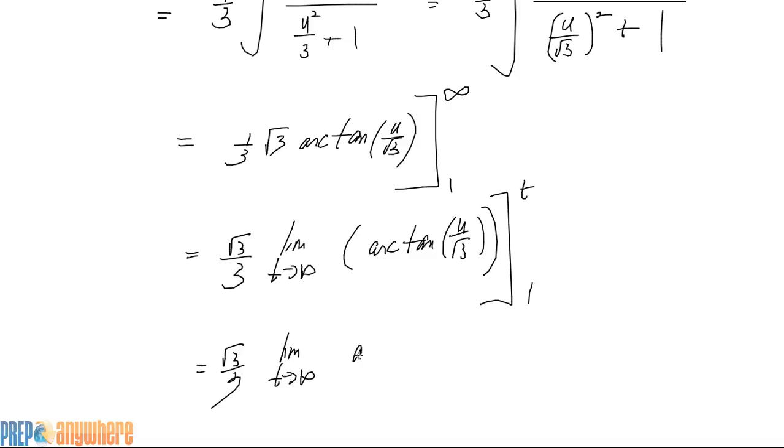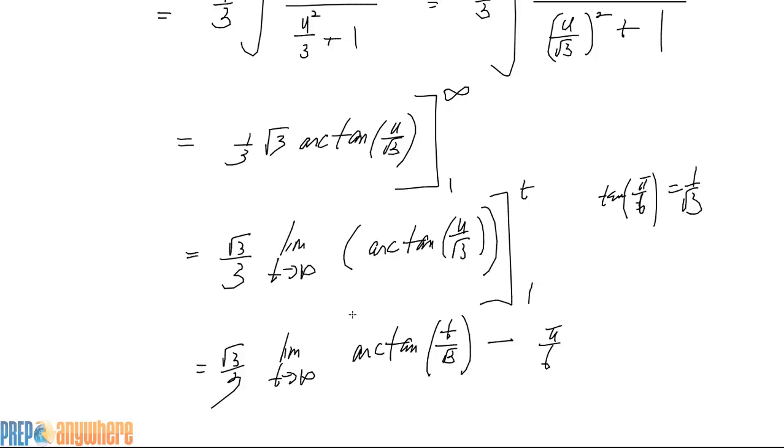Then we get arctan of t over root 3 minus arctan of 1 over root 3. Arctan of 1 over root 3, you know that tangent of pi over 6 will give you 1 over root 3. So this is going to be pi over 6.